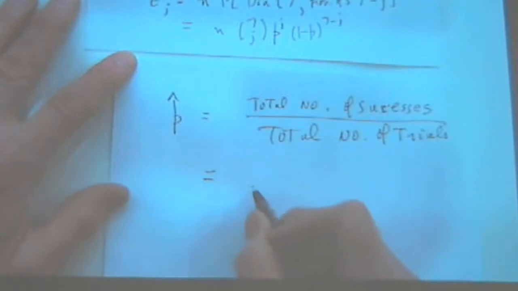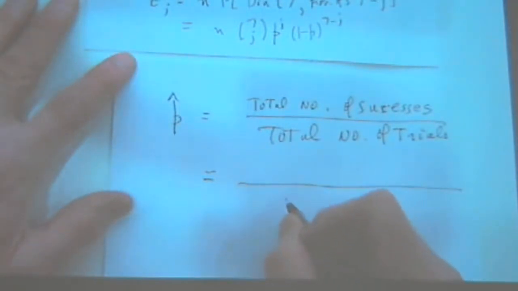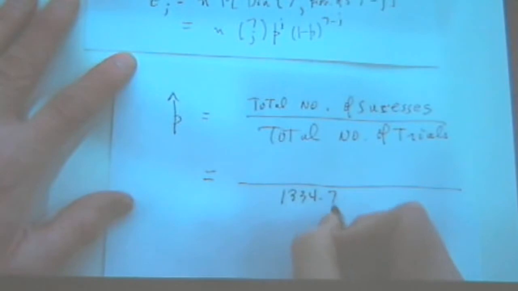Put down the total number of trials, I think you get an idea of what's going on. It's 1,334, and they each had 7 trials.